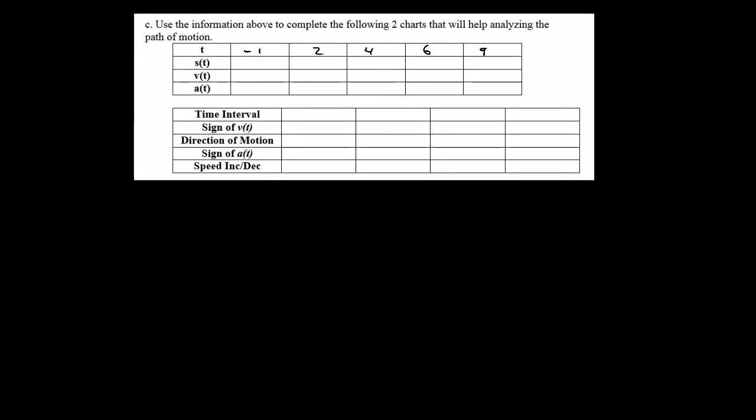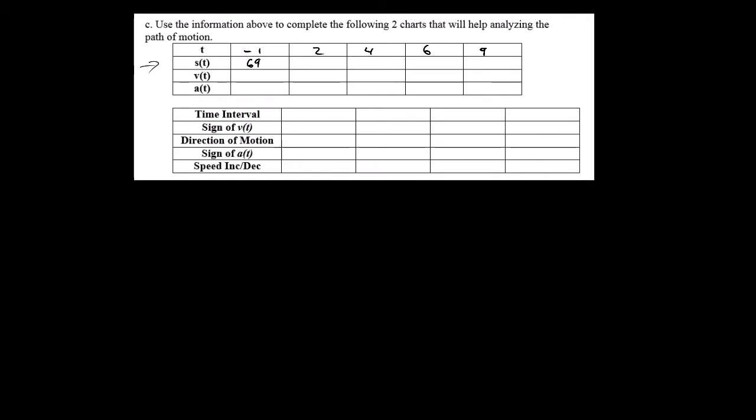So all we have to do now is fill in the chart for the position at negative 1. If we just plug it into our calculators, we're going to get 69. And if we plug 2 in, this will be 2 cubed minus 12 times 2 squared plus 36 times 2 minus 20.